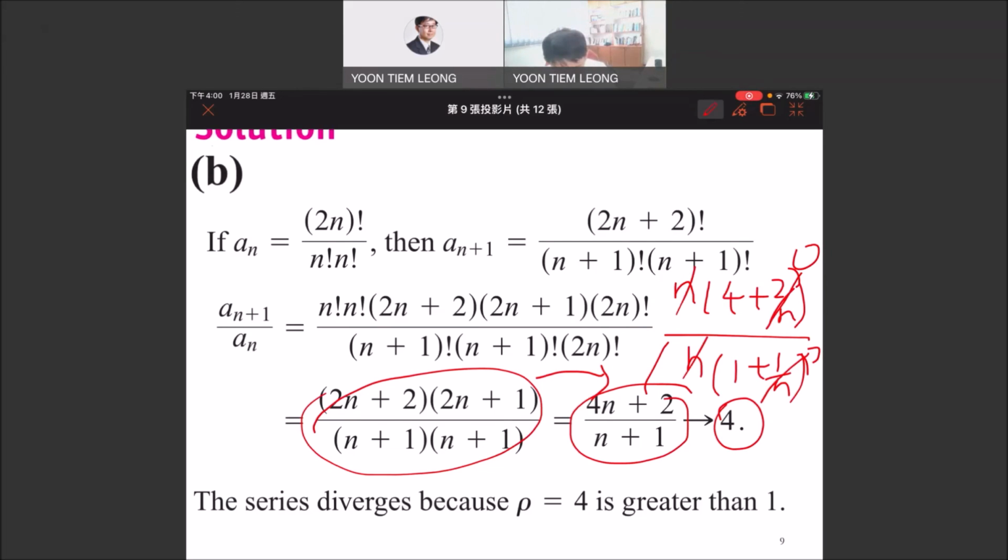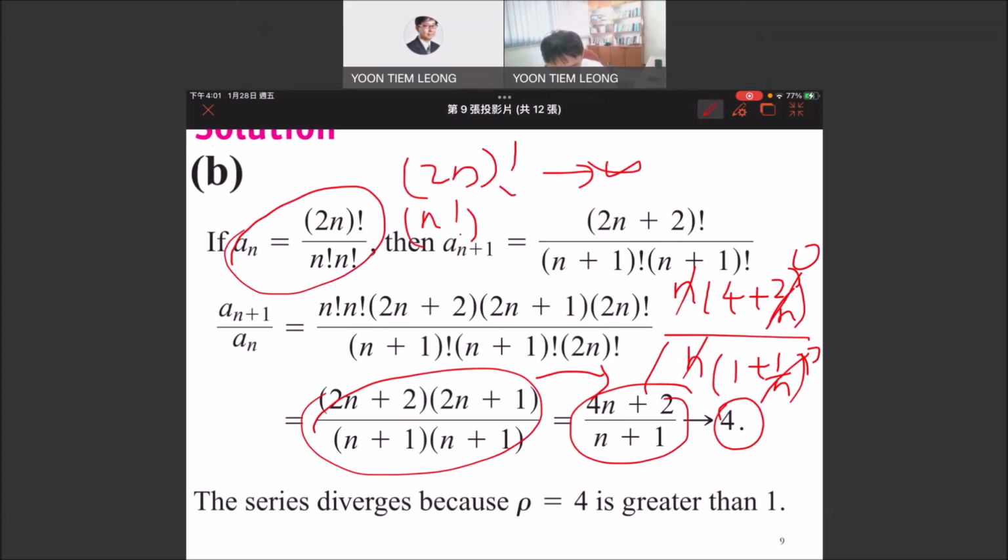So now you have a situation where the series made out of this sequence is not going to converge. Right? It looks like it's going to converge, but actually it's not. I mentioned earlier that maybe you have 2n factorial. 2n factorial will go to infinity when n goes to infinity, and n factorial will also go to infinity.